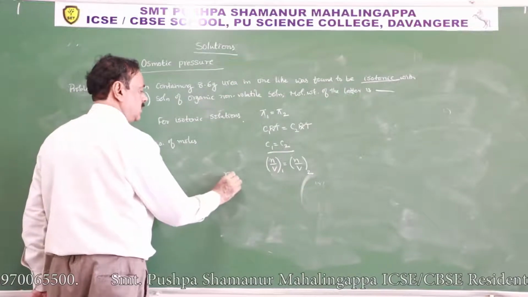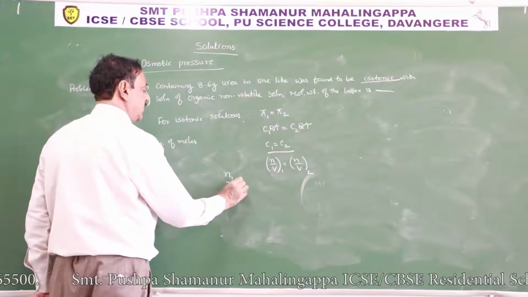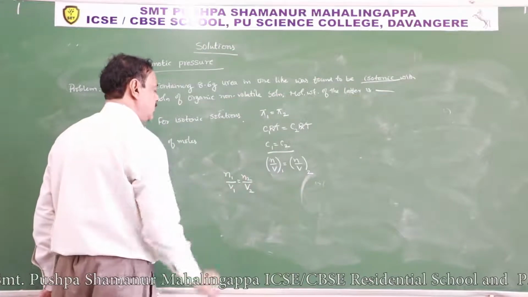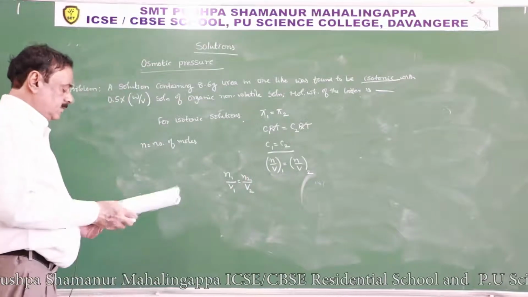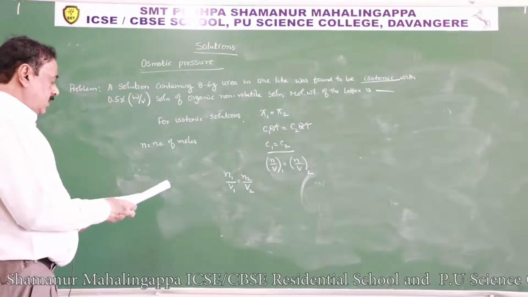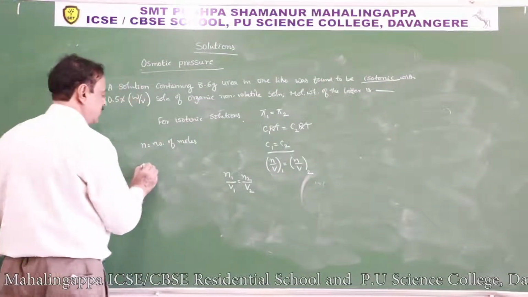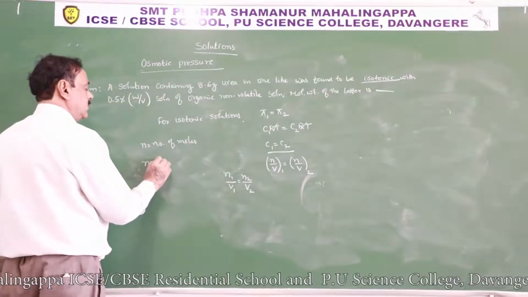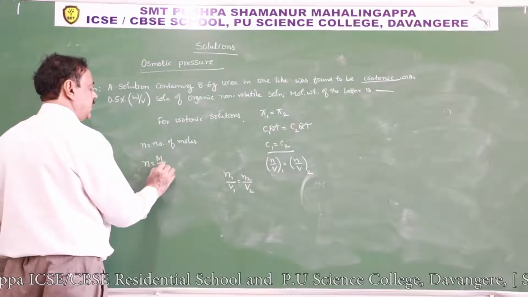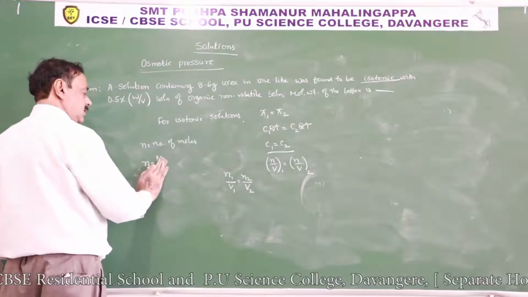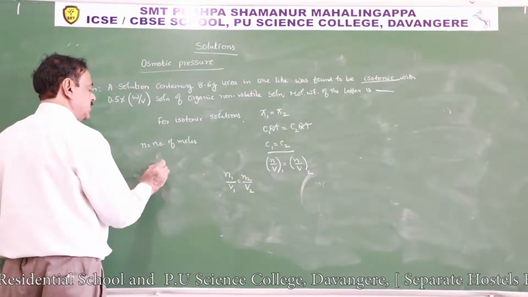Therefore, n1 divided by V1 is equal to n2 divided by V2. Here n is given by weight divided by molecular mass, that is the number of moles.